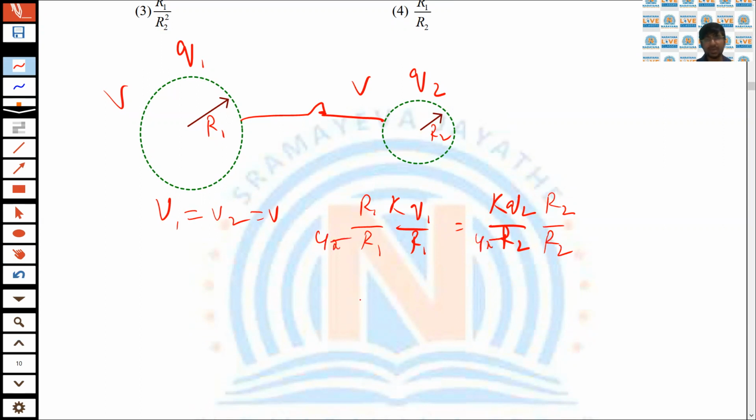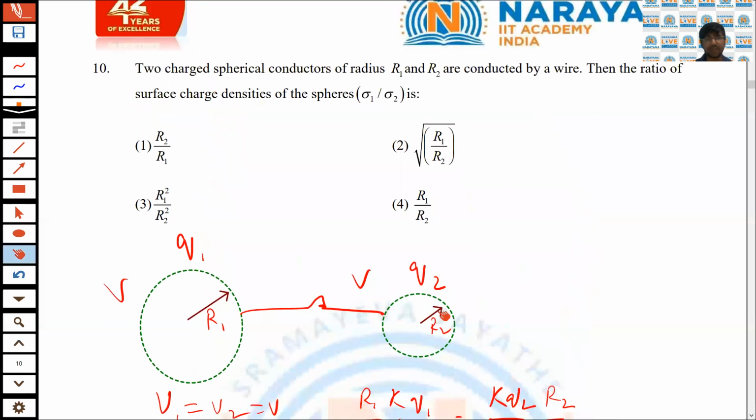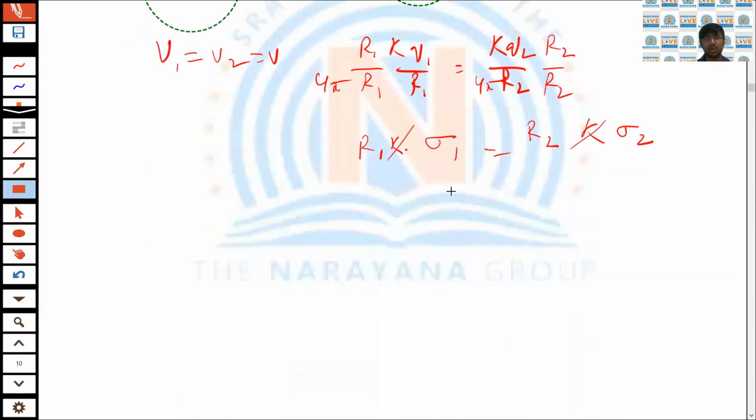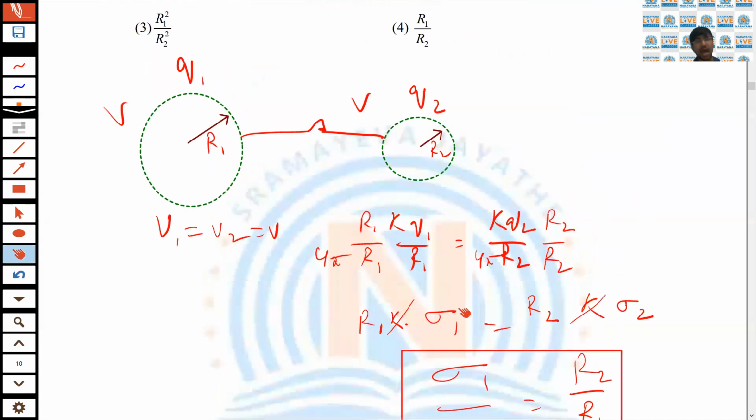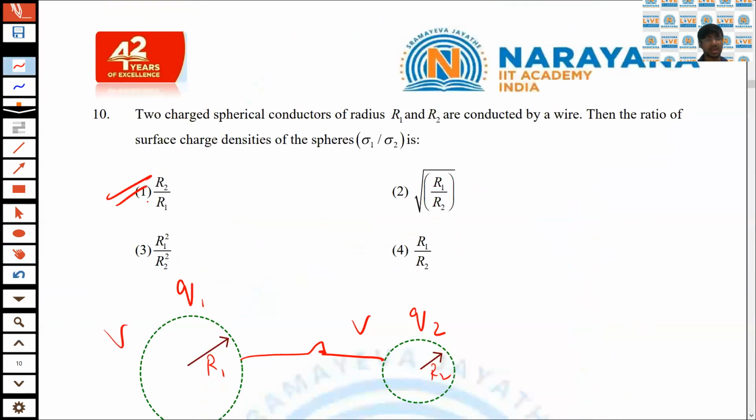Okay, so from here we can say r1 times k times sigma 1, which is q1 by 4 pi r1 square, and from here r2 times k times sigma 2. All right, k and k get cancelled and we have to find the relation between sigma 1 and sigma 2. This comes out to be sigma 1 by sigma 2 is equal to r2 by r1. This is our final relationship, and with that we can say that the first option is the correct option.